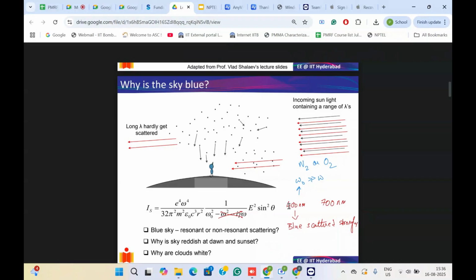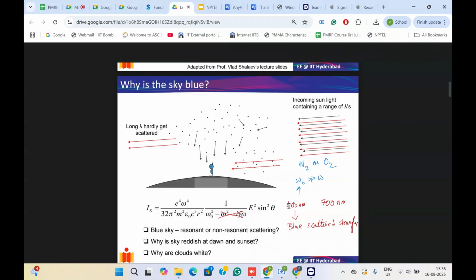Since we saw that scattering is directly proportional to omega raised to power 4, blue light is scattered in all directions, and only the remaining light, which is scattered minimum, is red, and that is actually reaching our eye. So that's why it looks reddish.